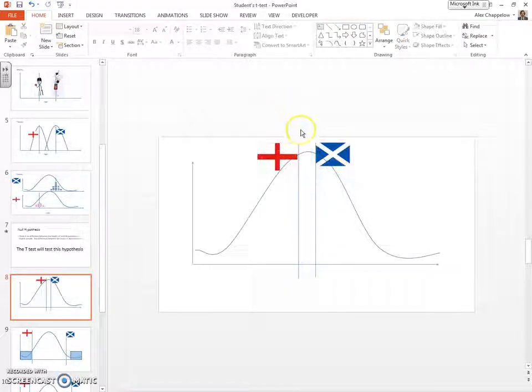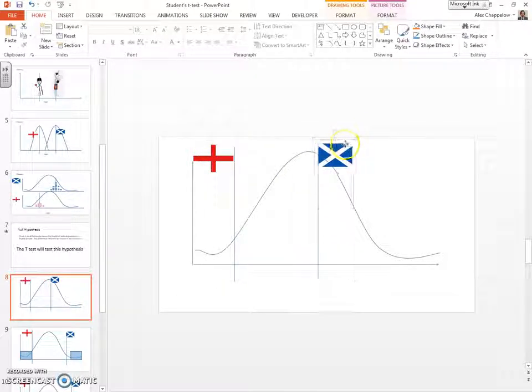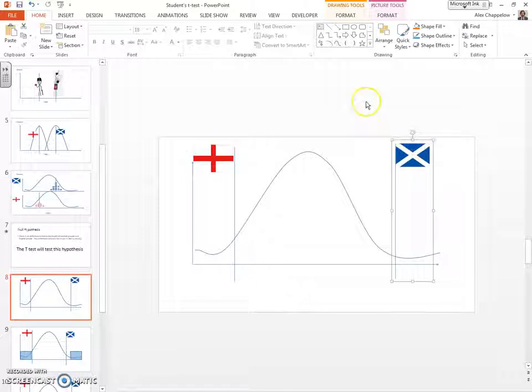You could have a high probability of just getting a few too many short Englishmen or a few too many tall Scottish people. That's quite likely to occur. What's much less likely is that you're going to end up with a massive gap between the means by chance, because for that to occur you'd have to be selecting all of your English people from this part of the population as a whole and all of the Scottish people from this part of the population as a whole.